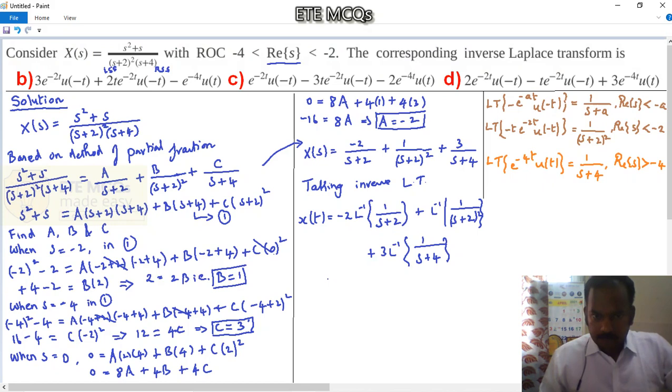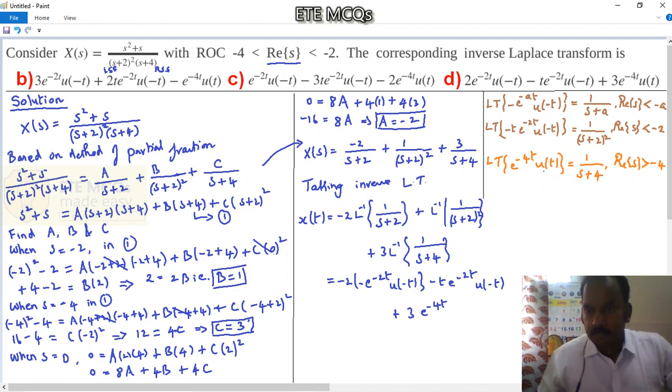Taking the inverse Laplace transformation, we get minus 2 into the inverse Laplace, which should be a left-sided sequence taken from here, so it should be minus e power minus 2t u of minus t. The next term, the inverse Laplace for this one, is minus t e power minus 2t into u of minus t. Plus 3 times e power, this should be a right-sided sequence, so I am taking the inverse from here.